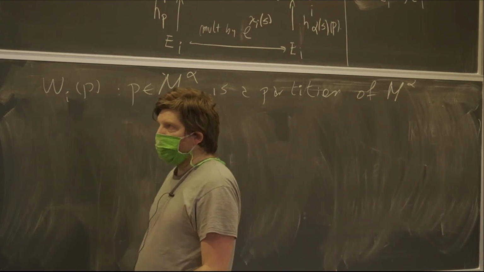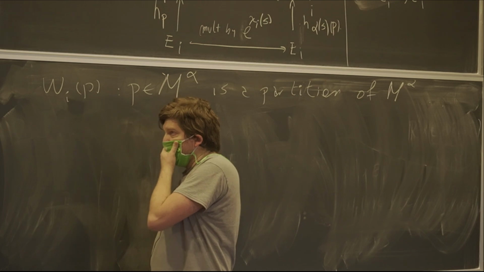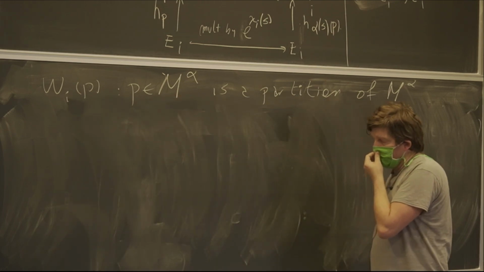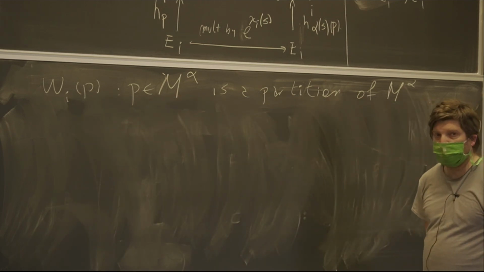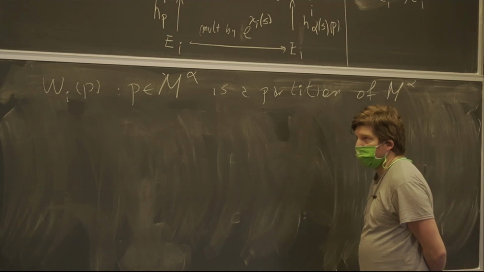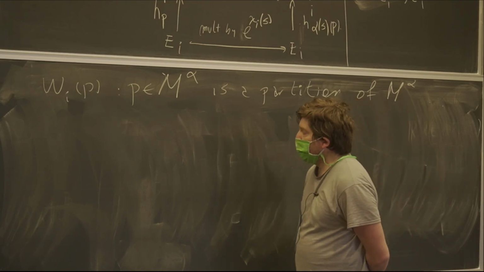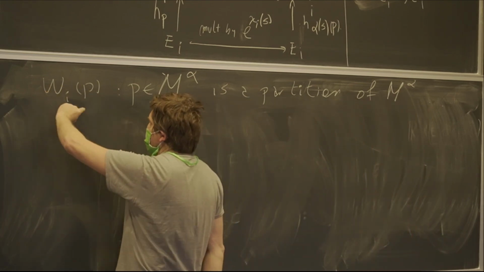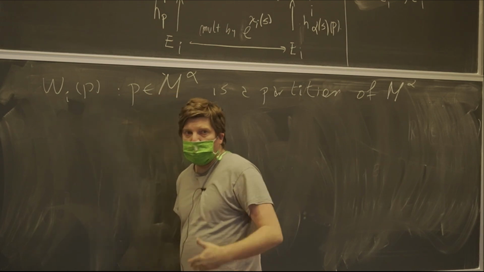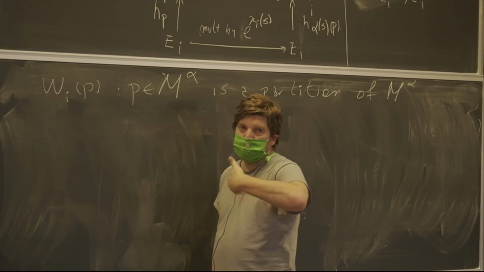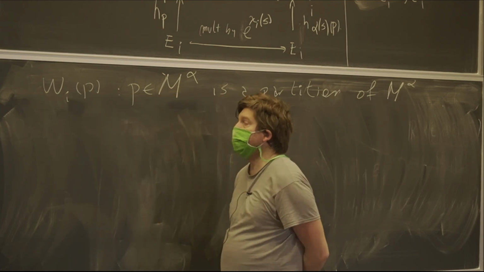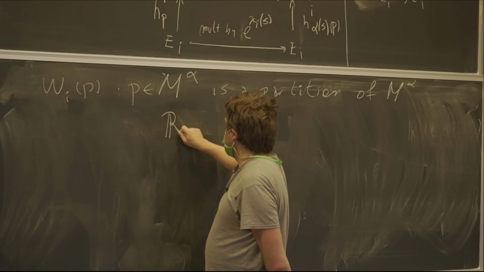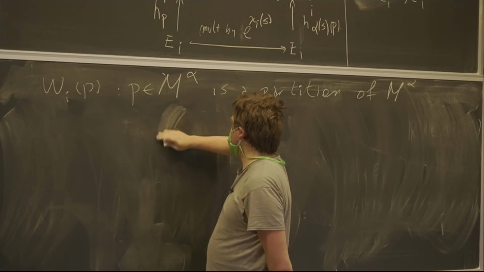Now the problem is that it's not a very nice partition. It's not what is called a measurable partition or a countably generated partition. The reason is that the WIP are all irrational lines on the torus T3, and this is like making the quotient of R3 or T3.